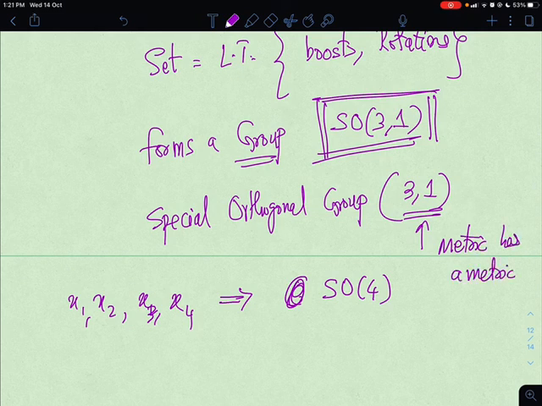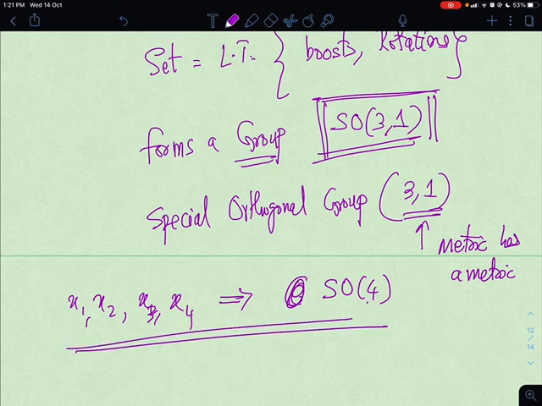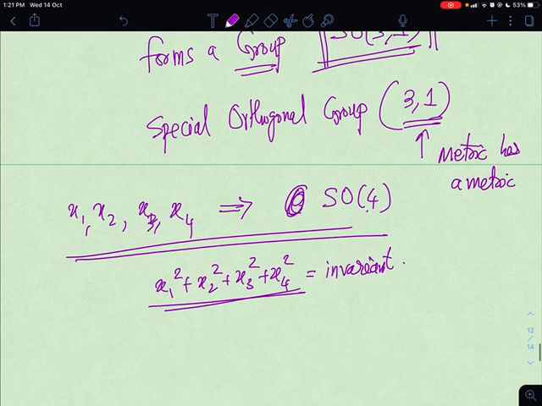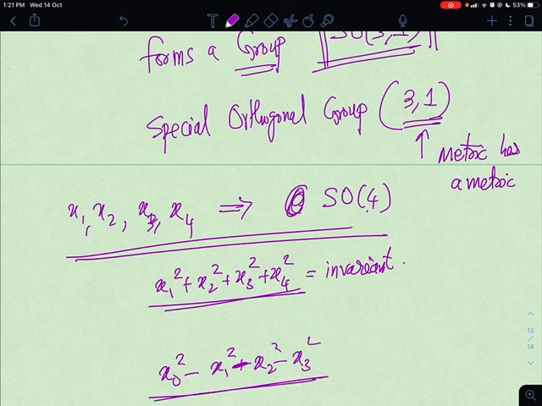SO4 will leave x1 square plus x2 square plus x3 square plus x4 square, the length of a vector, invariant, whereas SO(3,1) will leave x0 square minus x1 square minus x2 square minus x3 square invariant.